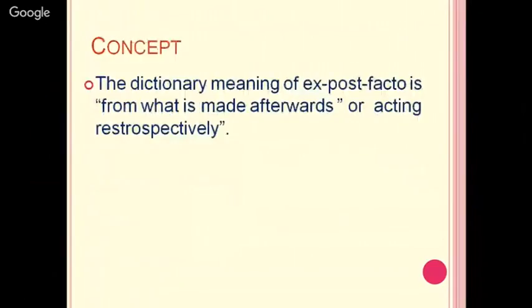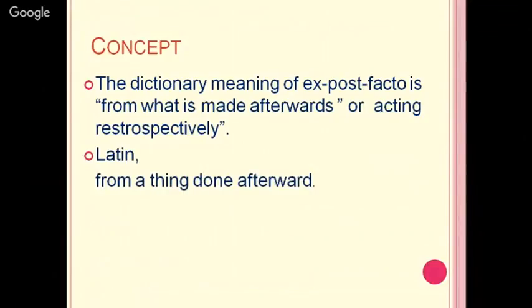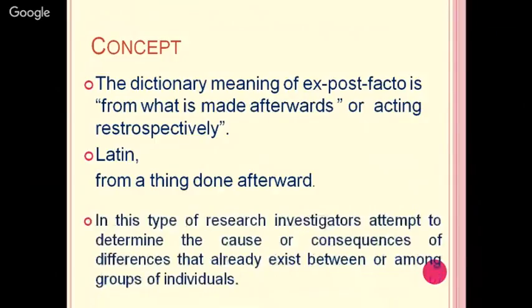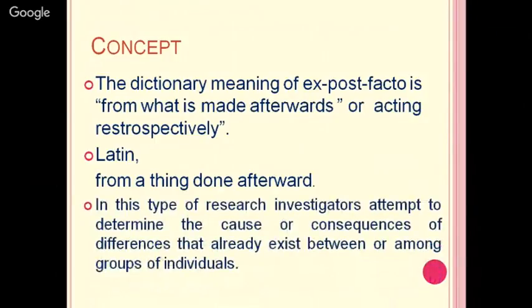Concept: if we go to the dictionary meaning, this means the study when the things have already taken place. It is a Latin word, and the meaning is from a thing done afterward. So in this type of research, the investigator attempts to determine the cause or consequences of the differences that already exist between or among groups or individuals.